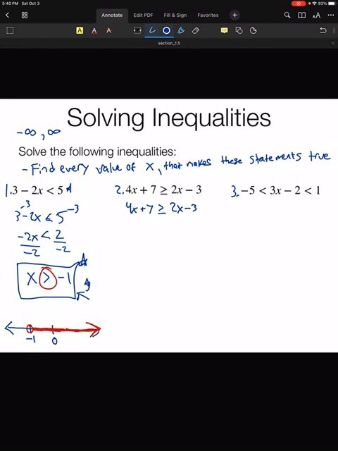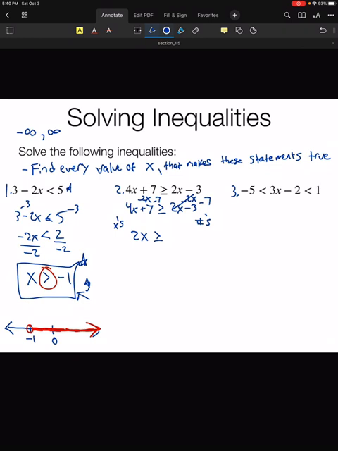I'm going to get the x's on the left, get the x's over here, and then the numbers over here. So I need to subtract by 2x on both sides and subtract by 7 on both sides. So 4x minus 2x is 2x. Okay.